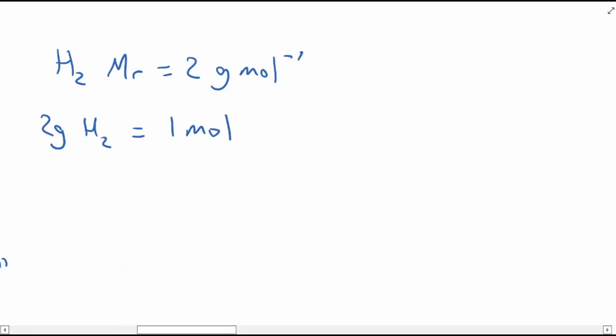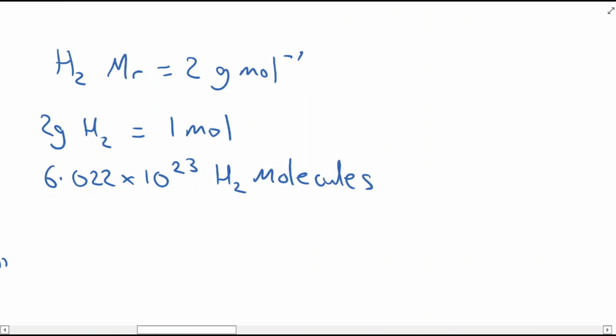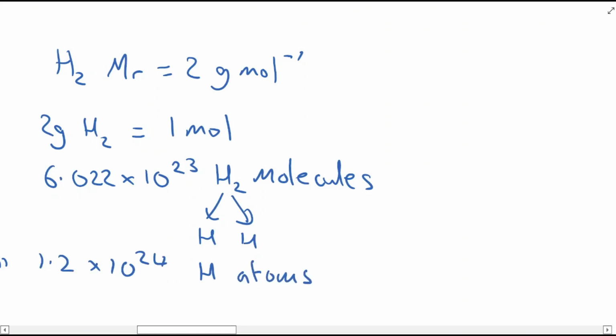But I don't have 6 times 10 to the power of 23 atoms. I have 6.022 times 10 to the power of 23 H2 molecules, but each molecule is made of 2 hydrogen atoms, so I would actually have 1.2 times 10 to the 24 hydrogen atoms. I don't need to worry about what my substance is made of when I'm talking about moles.